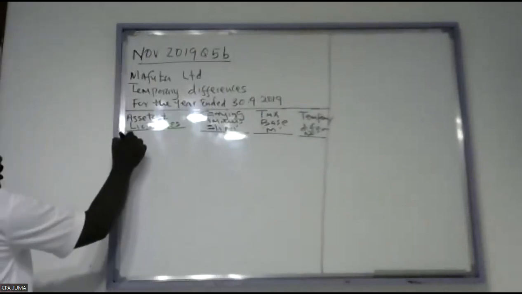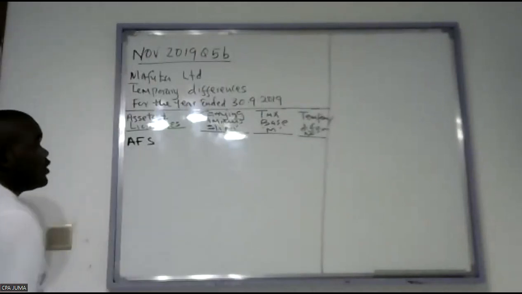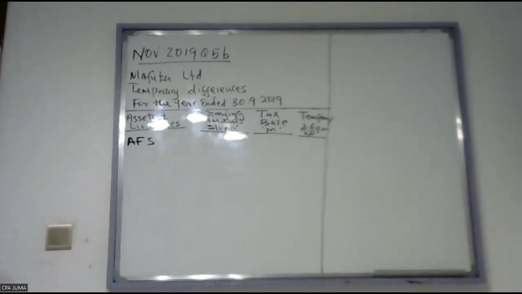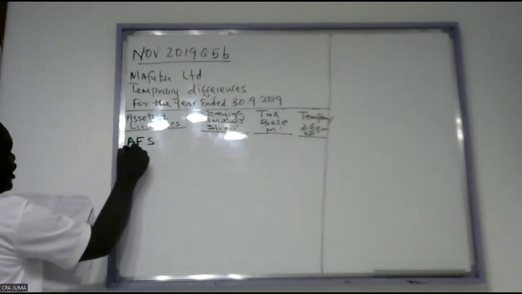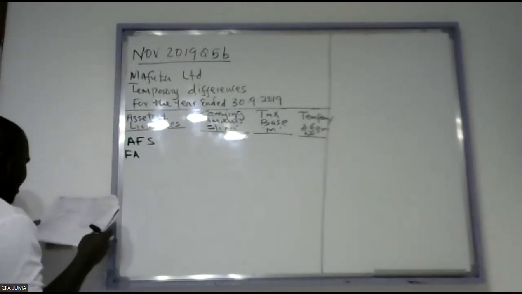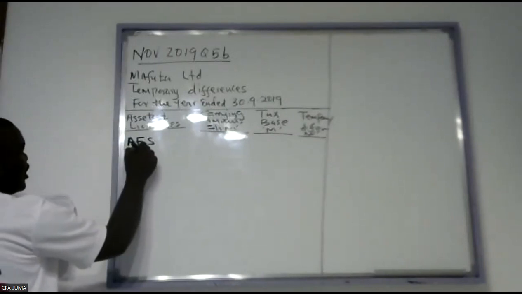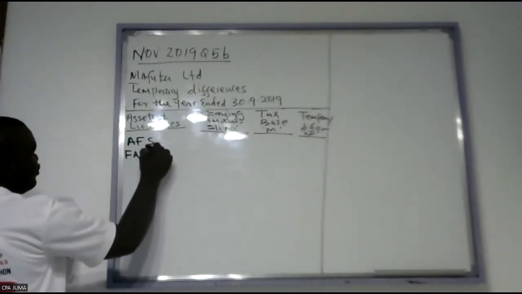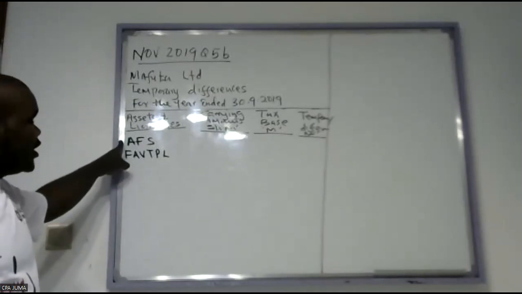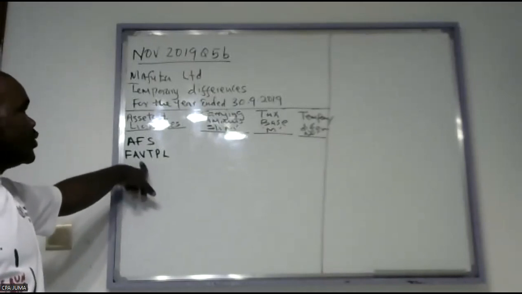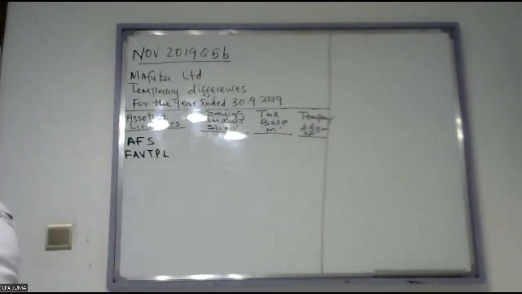There is available for sale, which we call AFS, and the other one is financial assets at fair value through P&L. You can write in full actually. Well, never in full. Available for sale, then financial assets at fair value through profit and loss. So we have those two.